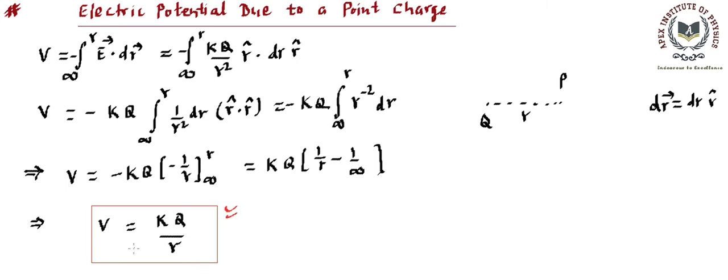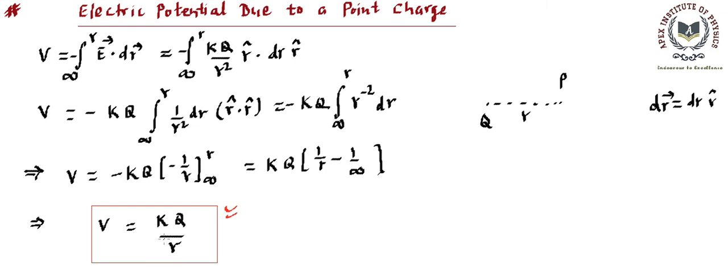Now here are some interpretation points: field depends on distance as 1 upon r square, and potential depends on distance as 1 upon r. If the charge Q is positive, potential is going to be positive. If charge Q is negative, potential will become negative. If charge Q is 0, potential will become 0. Potential is a scalar quantity, unlike the electric field, which is a vector quantity, right?